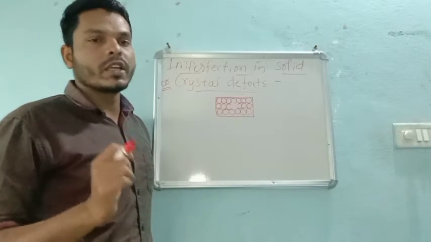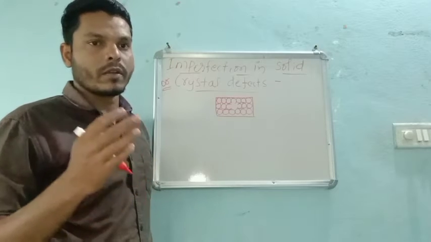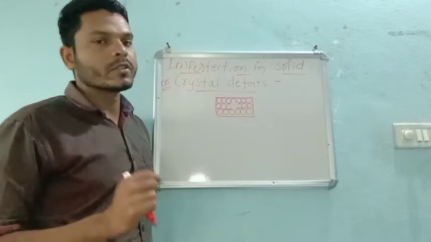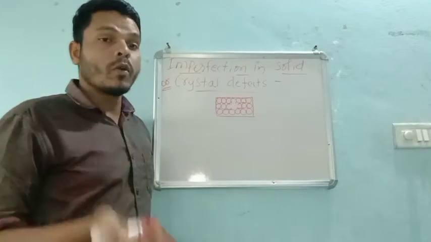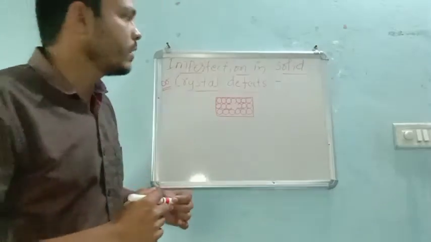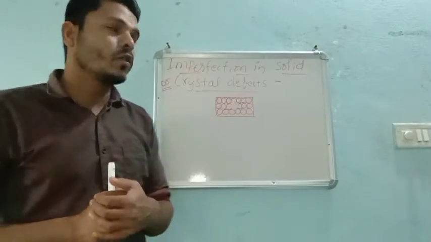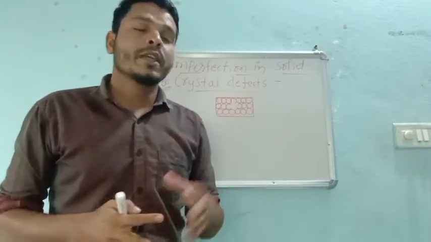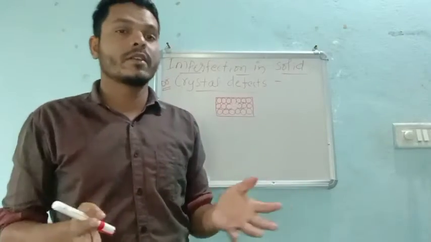Like rusting of iron, right? If we expose it to air and water for a longer time, then definitely rust will come on it. It is a slow reaction. Actually, all of these are very slow reactions, but if we expose them to sunlight or physical changes, then definitely their crystal structure may be disturbed.